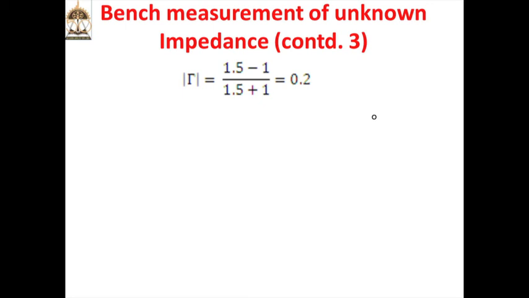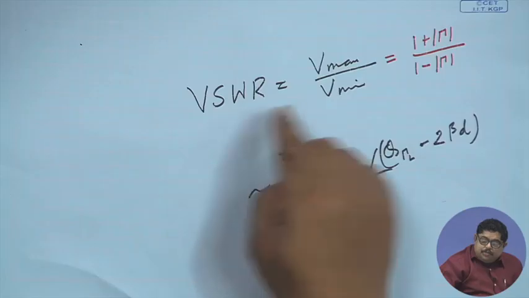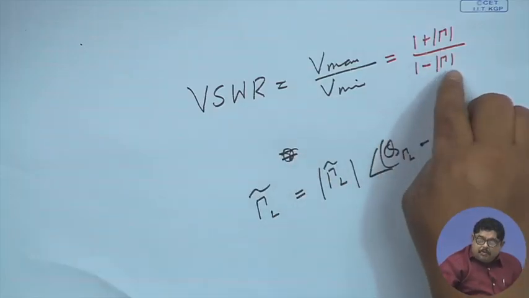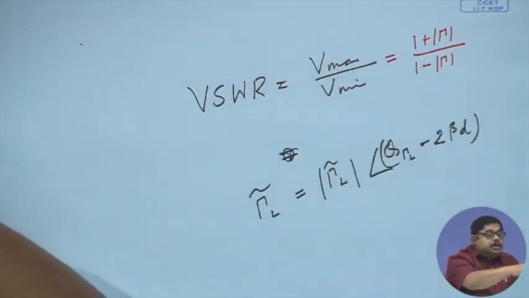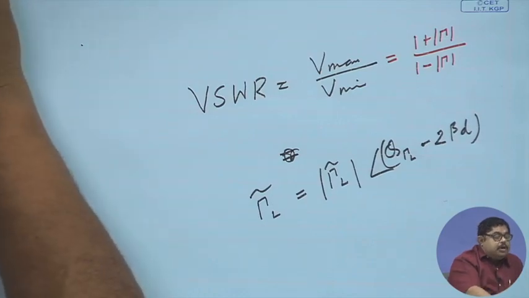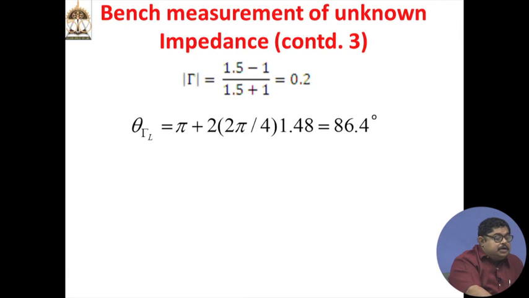Here we are not taking the help of the Smith chart, you can do these calculations. The reflection coefficient magnitude gamma is related to VSWR by this formula that we have seen: VSWR is equal to 1 plus gamma by 1 minus gamma. If you change the sides, gamma is equal to VSWR minus 1 by VSWR plus 1. By this you get 0.2 as the reflection coefficient magnitude.